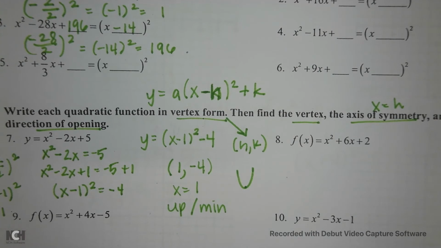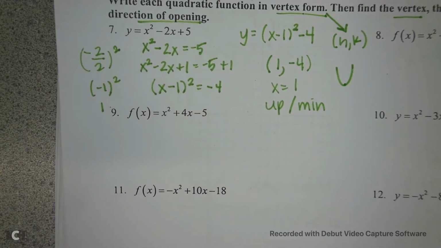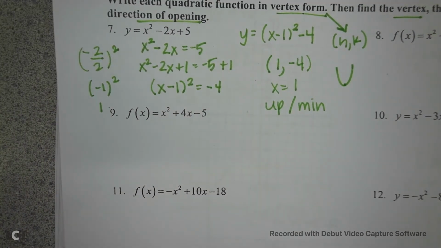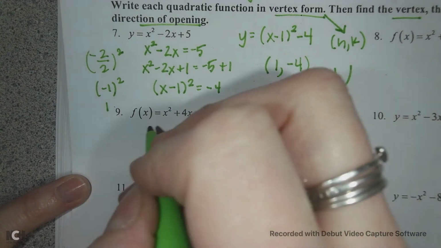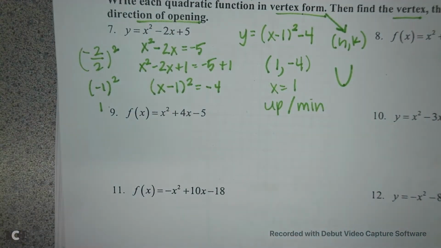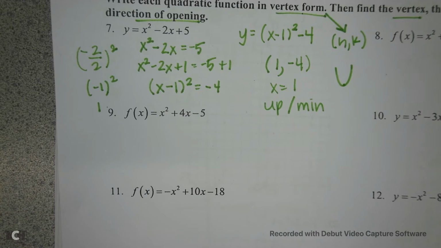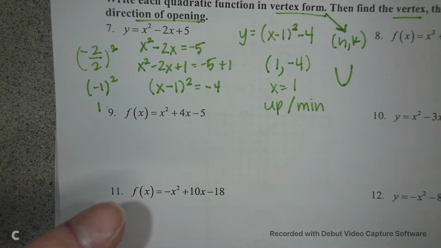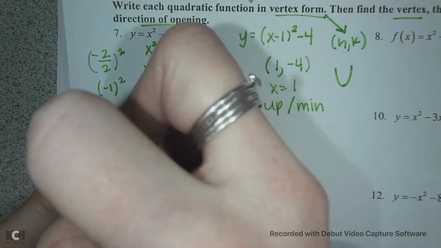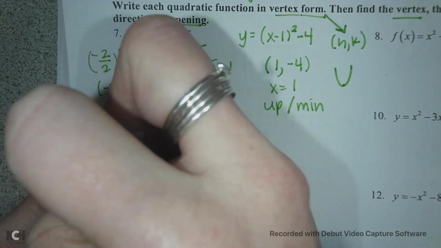Okay, so let's do number 9. All right, so the first thing that we're going to do is we are going to complete the square. So I'm going to complete the square without moving this guy over so you can see what that looks like. Okay, so in order to complete my square, I'm going to take my b value, my 4, and I'm going to divide by 2, and then we're going to square.